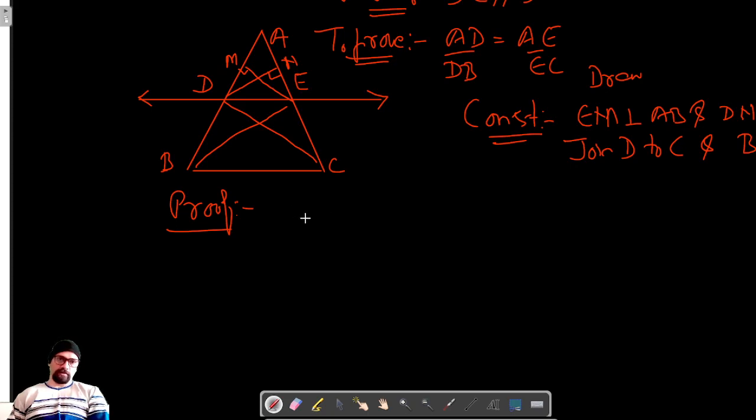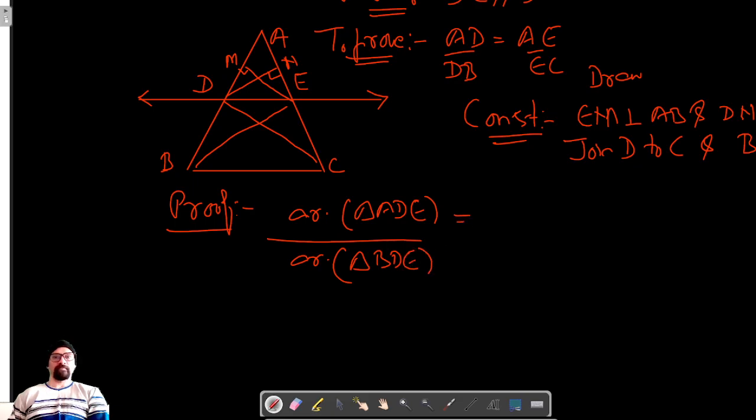Now let's find the ratio of the area of triangle ADE and the area of triangle BDE. For triangle ADE, if I take base as AD, the area is half into base into height, and the height is EM.